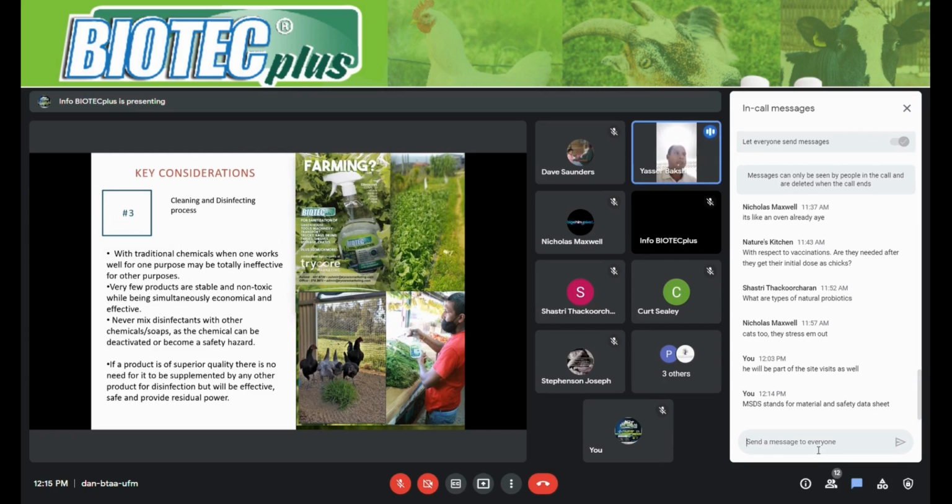Very few products are stable and non-toxic while being simultaneously economical and effective. So again, it's another advantage that you have with BIOTECplus that you will not see with other products. And if a product is of superior quality, remember this point, guys, there is no need for it to be supplemented by any other product for disinfection.